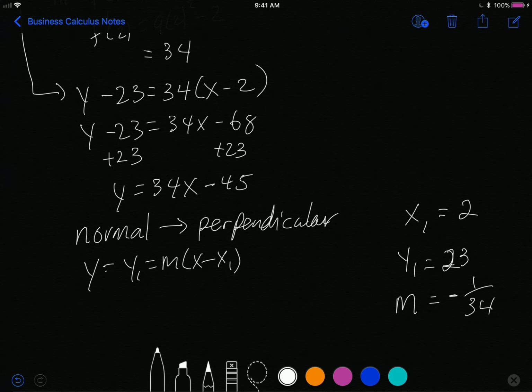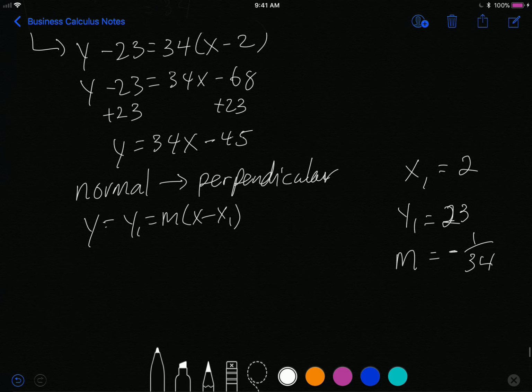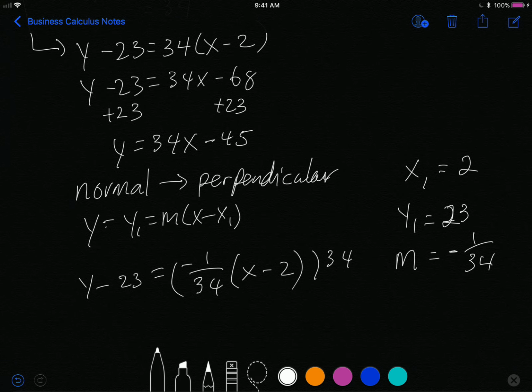So I restart the process with the new m. And so I have y minus 23 is equal to negative 1 over 34 times x minus 2. I get rid of the 1 over 34, so I multiply both sides by 34.